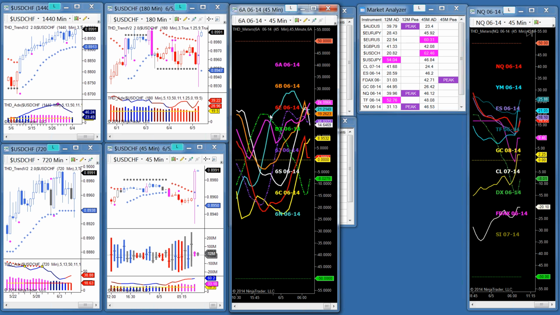That told me I would be shorting the US dollar because the Japanese yen was strong. This morning, you can see that the dollar has turned upwards and the euro is actually coming down. So that tells me the euro is weak, the dollar is gaining strength.